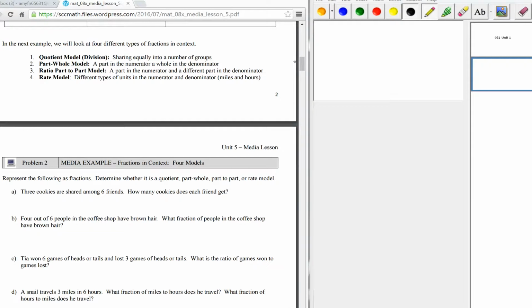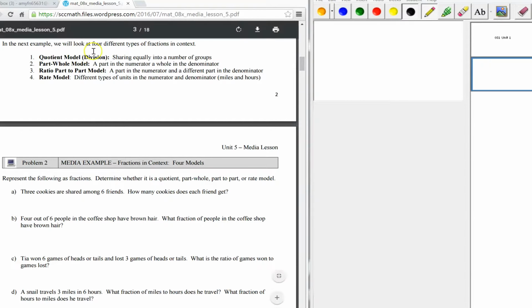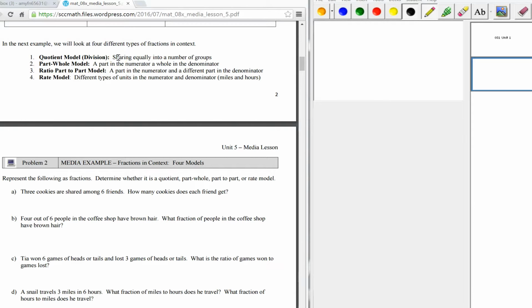Okay. Next we have different types of ways of conceiving of fractions. So there's lots of ways to think about a fraction and ways that we use them in context. And we typically have a robust understanding of fractions, so when we look at fractions in a different context, we've had the experience so we can just understand the meaning.